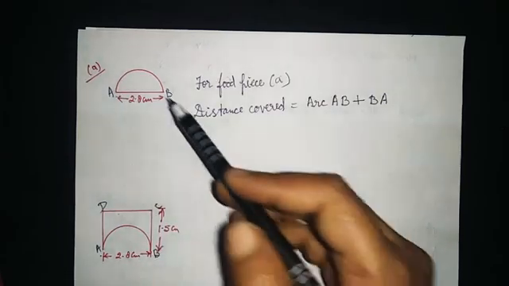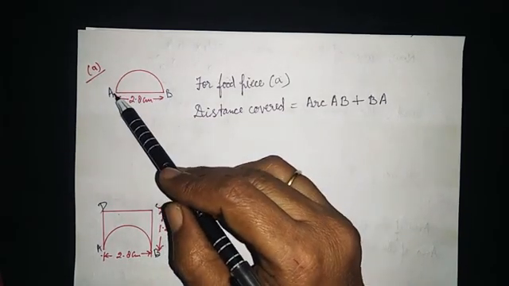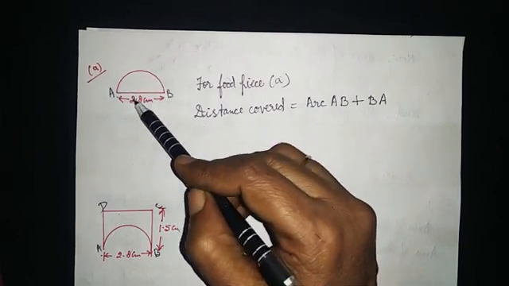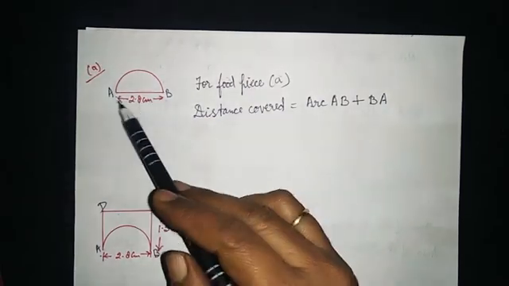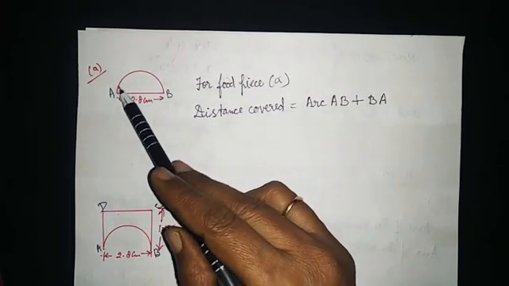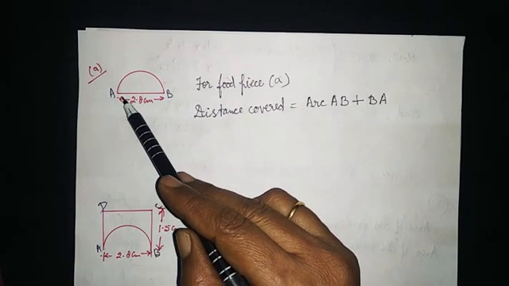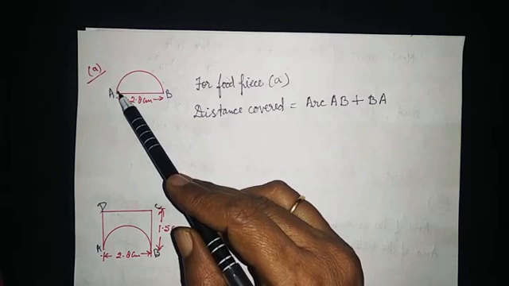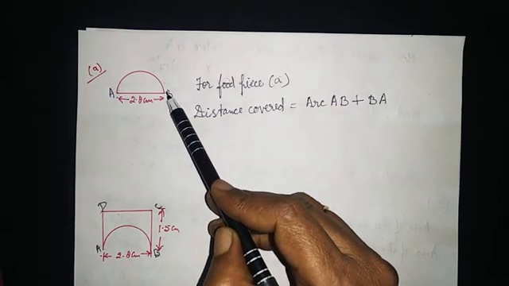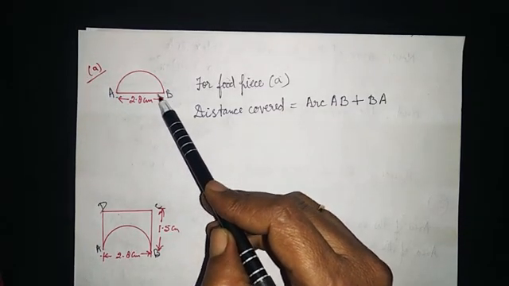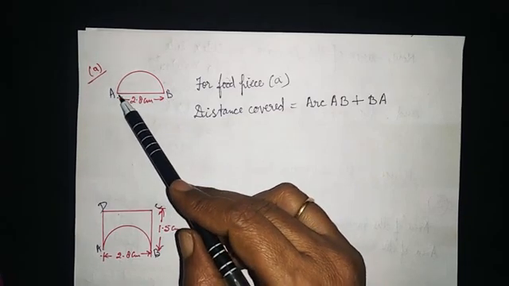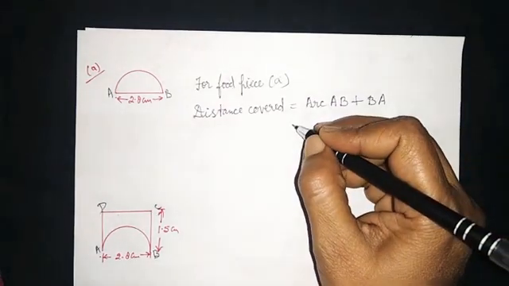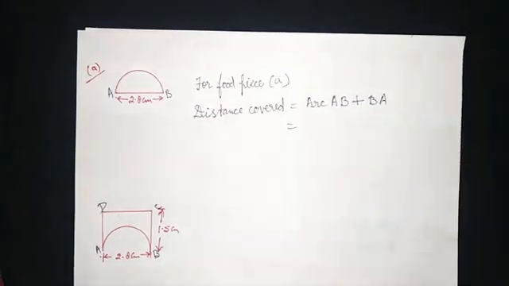Okay, so she covered the distance from this point to this point. So you will find the perimeter of this food piece. Clear? For distance covered, we will add the distance of this arc AB and distance BA. Now for arc AB, what we have to do here?